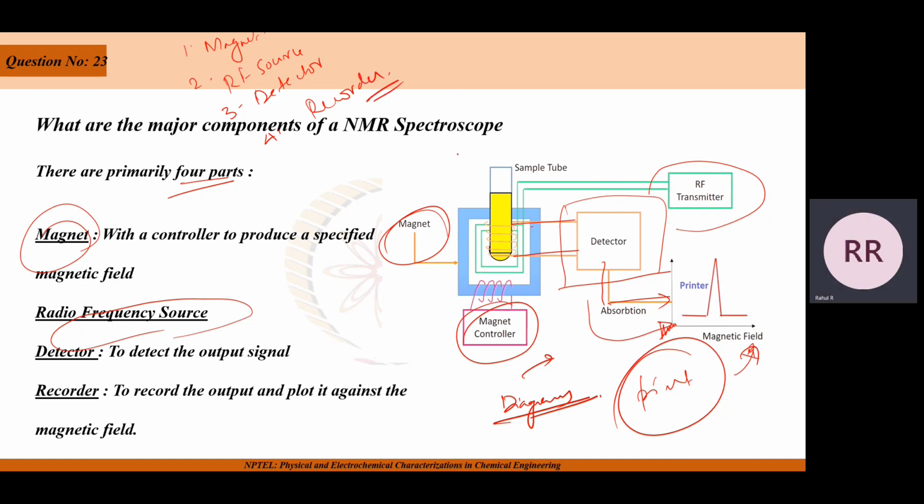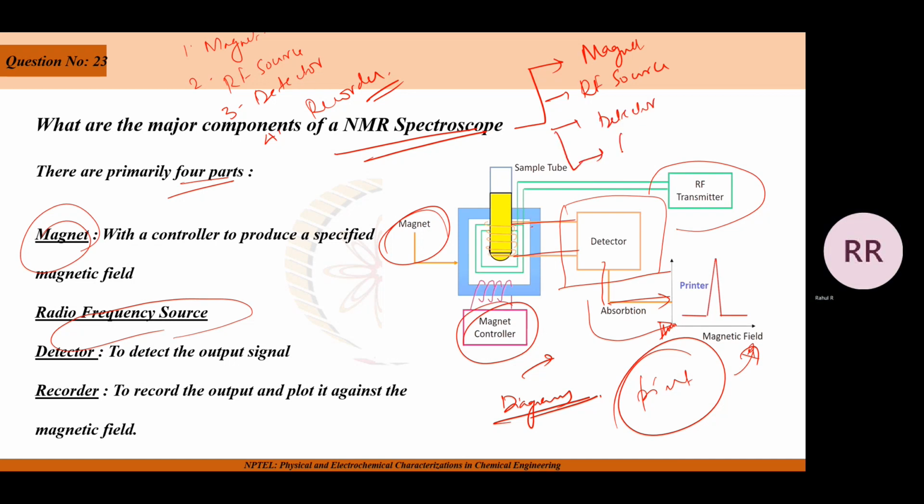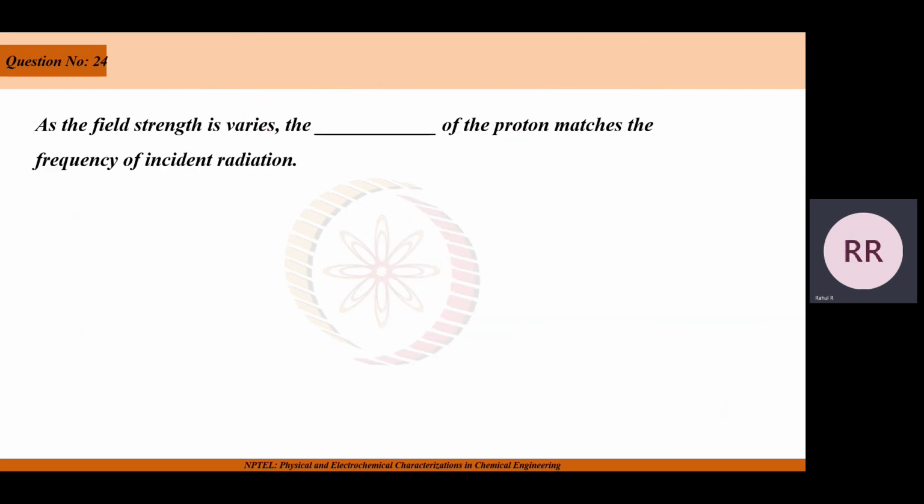So these are the four main parts in a NMR spectroscope: magnet, RF source, detector, and recorder. I think you guys were able to answer this question. Let's go to the next question.